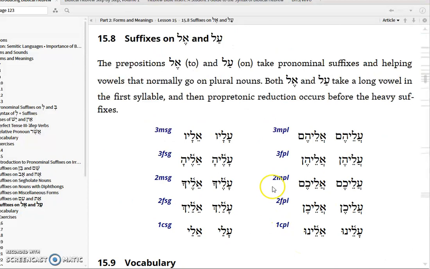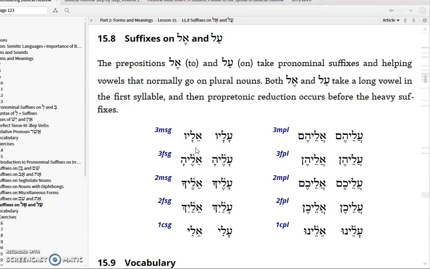And then he gives you the suffixes on prepositions el and al. And I'll just comment that these endings are the same as the endings on the plural noun. So if you memorize well the plural endings on a form like sus, susav would be his horses.